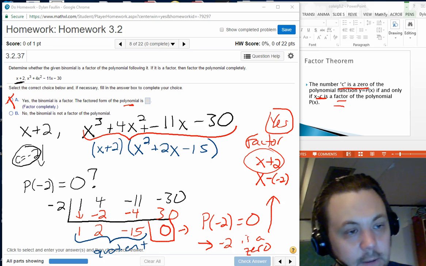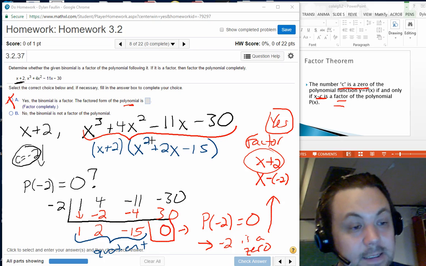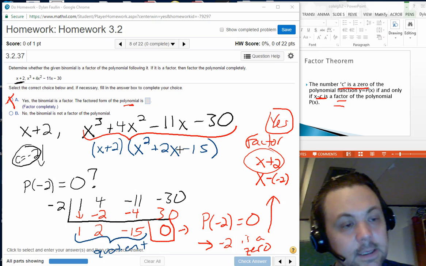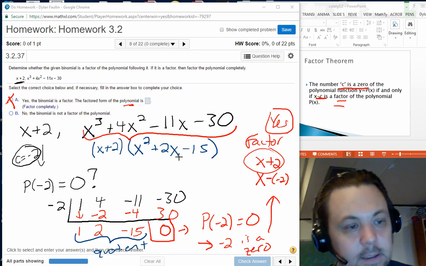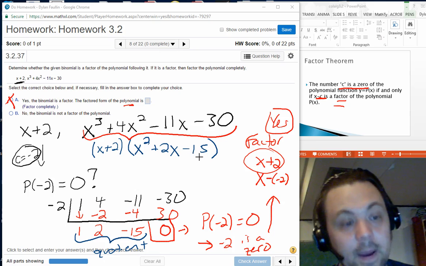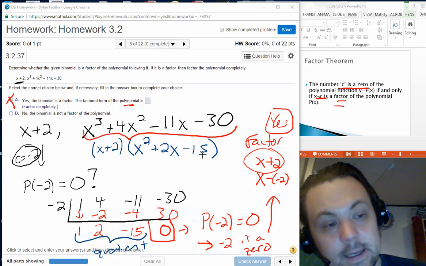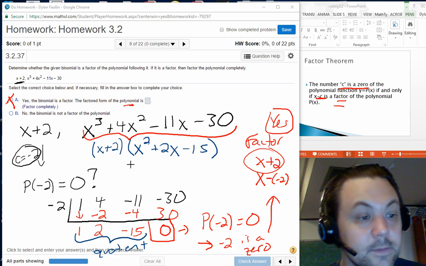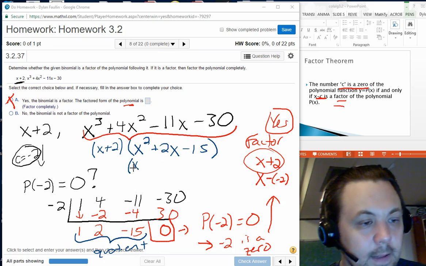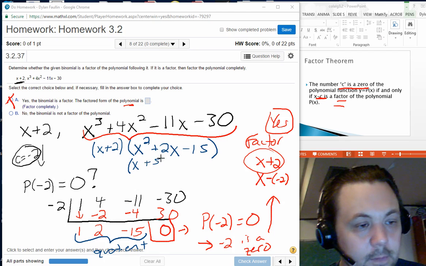So that's factoring it, but we can go one step further now because this result is now within the realm of things that I have learned how to factor previously. So here I can factor this by asking myself, what two numbers multiply to negative 15 and add to positive 2, right? And that's going to be positive 5 and negative 3.